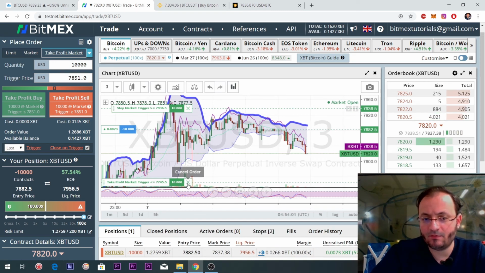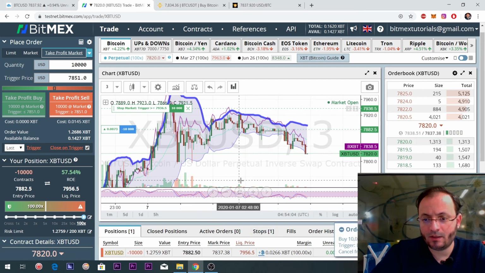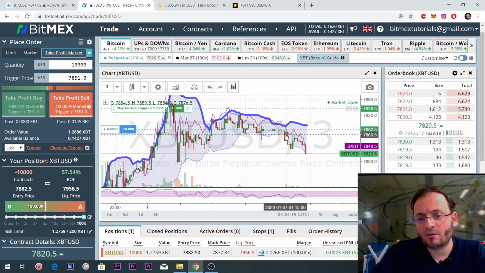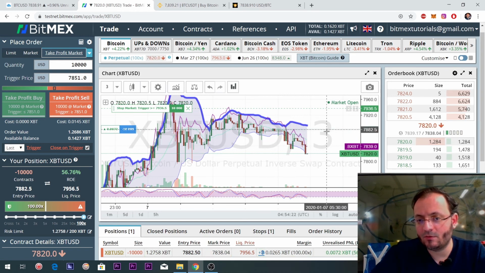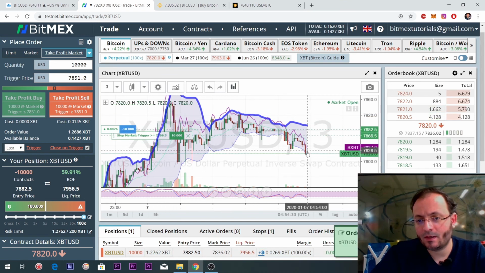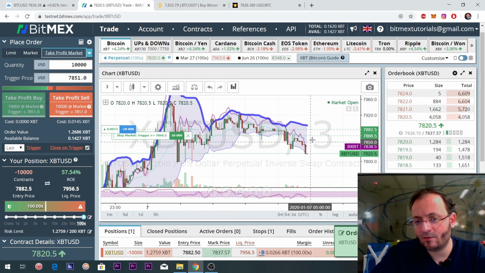So you gave up on this and you think that the market will go down from here, then just to be sure that you won't get liquidated if the price will go up and you want to secure some profit, you can take the stop market from here and put it to here, and if the price of Bitcoin will go up, then the stop market will be triggered and you will have a small profit.